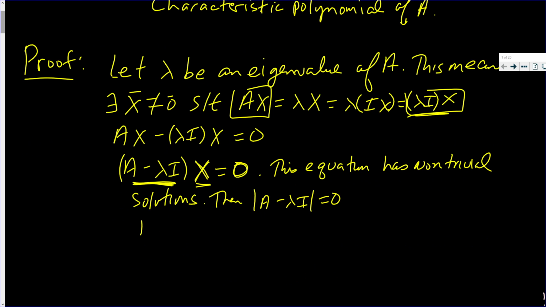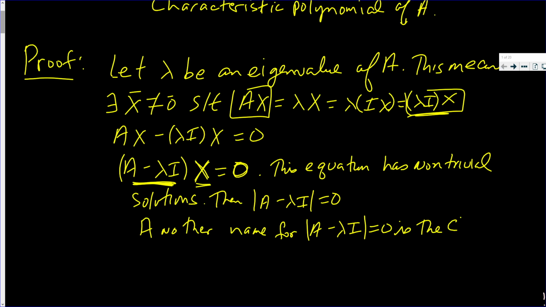Okay. Another name for the determinant of A minus lambda I equals 0 is the characteristic polynomial of A. It's not the characteristic polynomial for A. It's a characteristic polynomial of A for lambda.